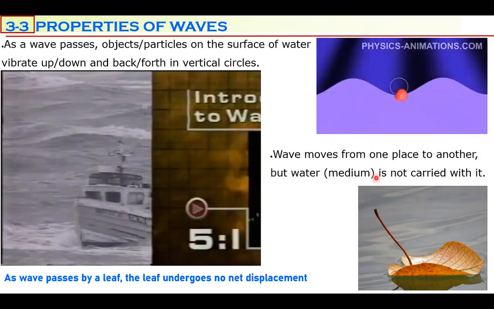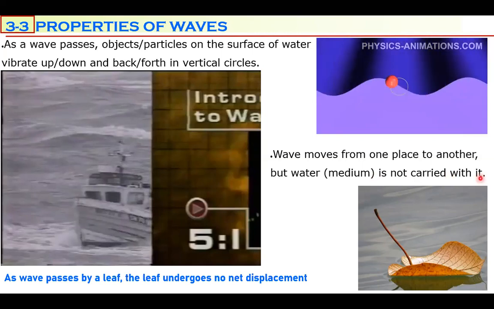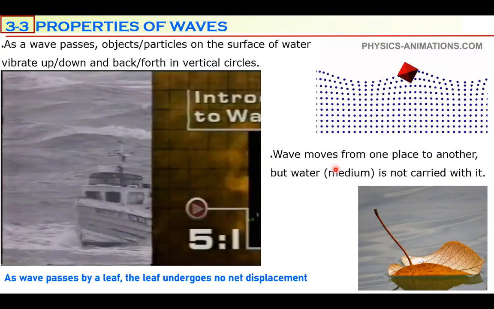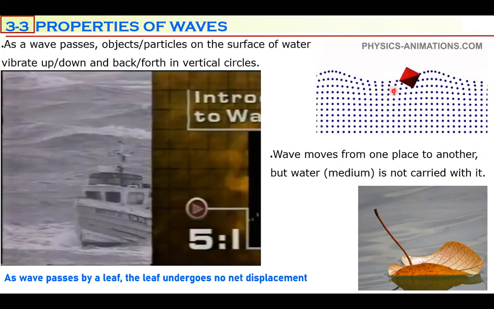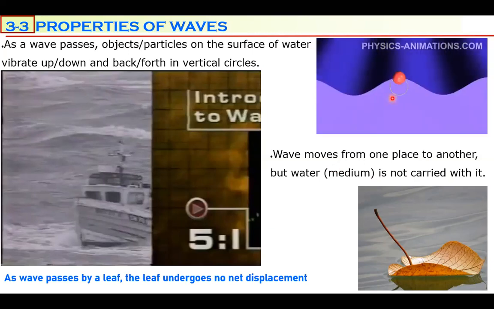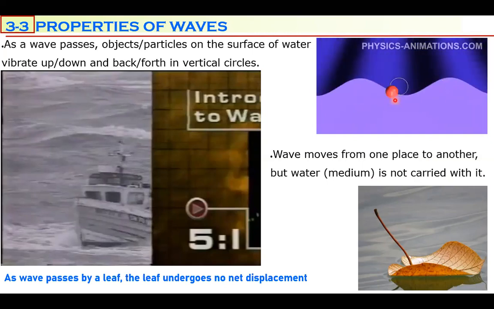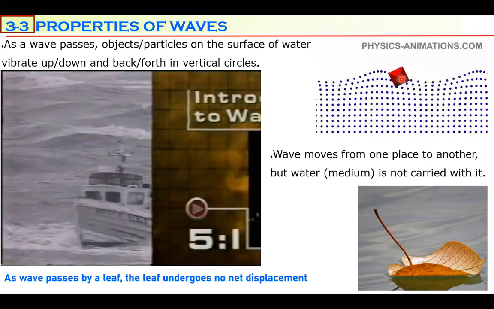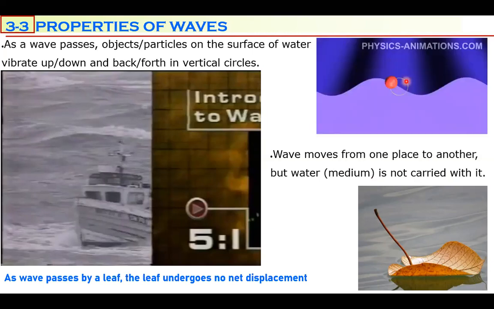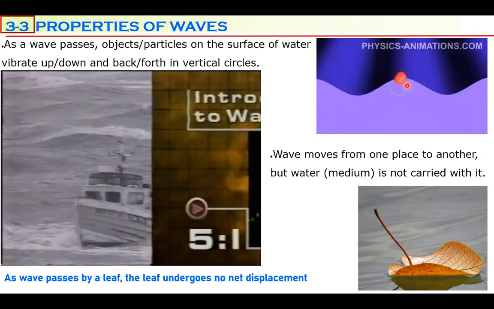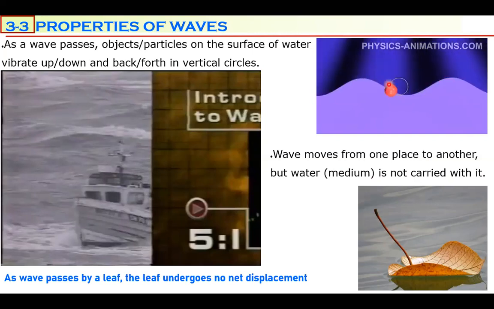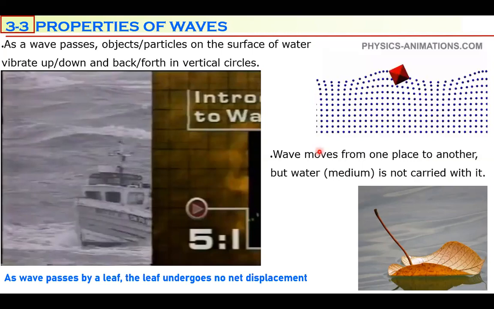It is not carried with the wave. So the medium stays in place and the particles of the medium only vibrate up, down, back, forth. And if it is water on the surface, it draws a circle and continuously repeats. It makes a periodic motion, continuously moving in a circular path. But this object will not move from one point to another.